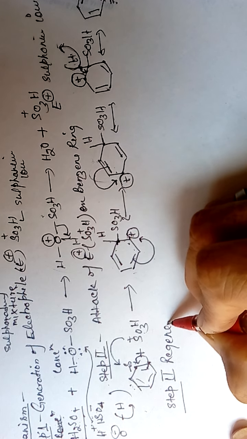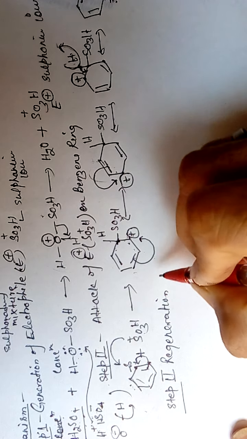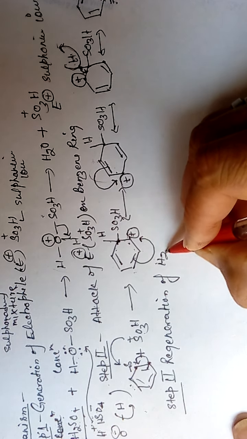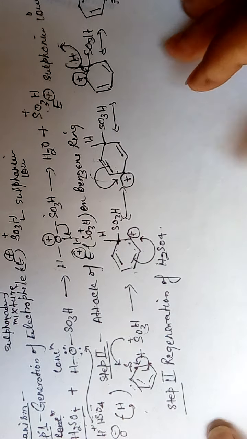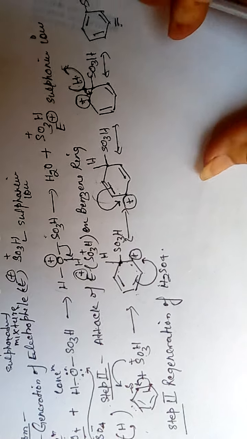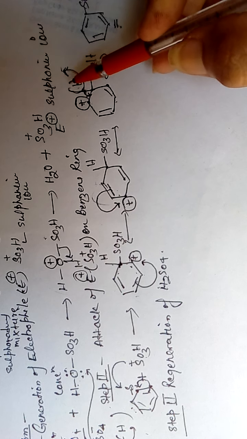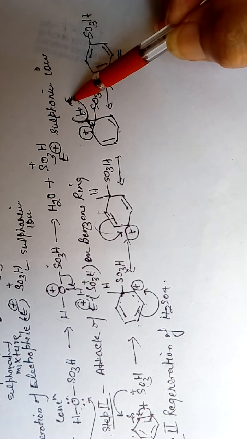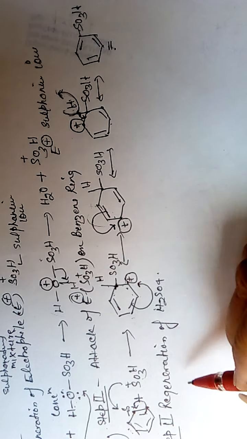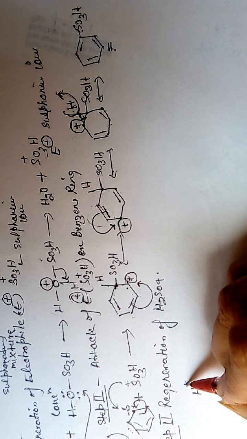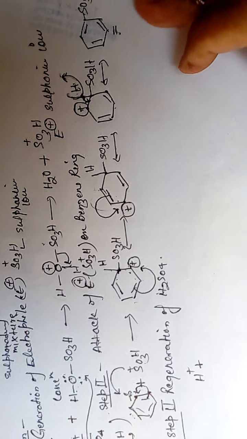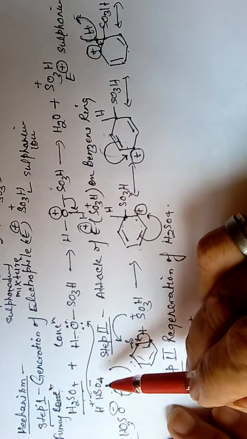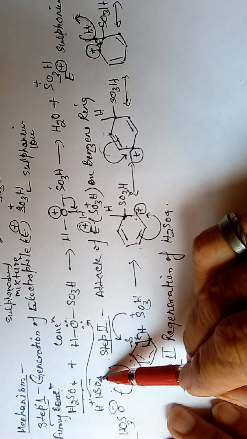The third step is the regeneration of H2SO4. Now let's take this structure. A proton is released from here. We take this proton, and HSO4 minus is formed here.